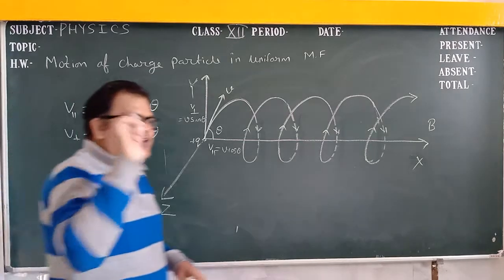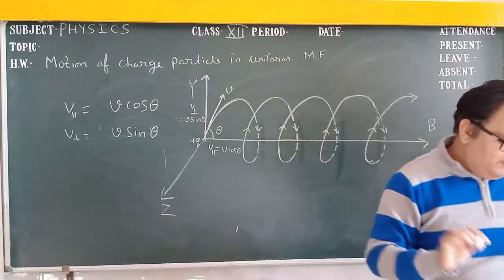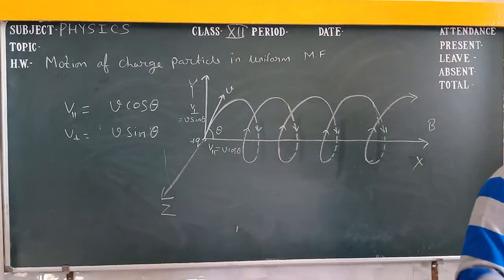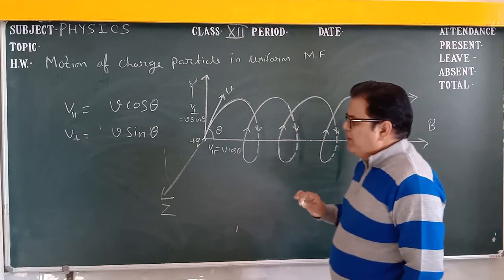The formula is F equal to q V cross B. First we take the perpendicular component.